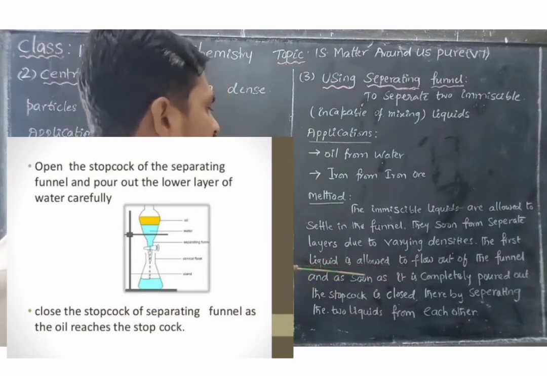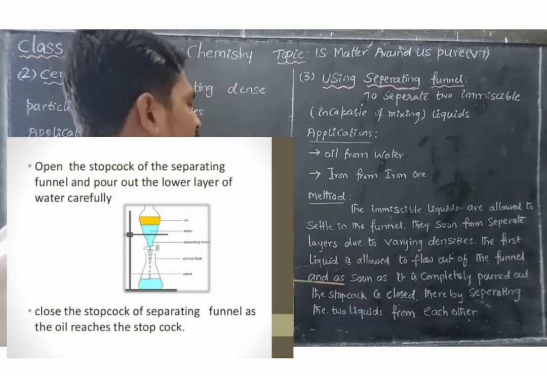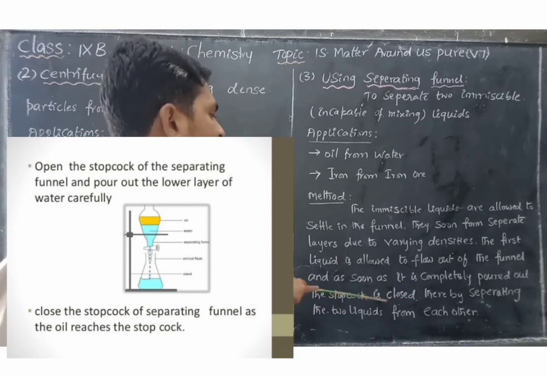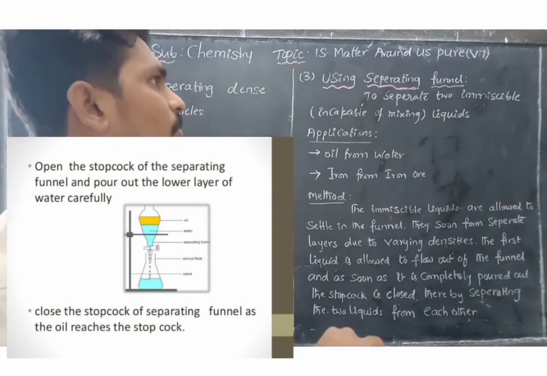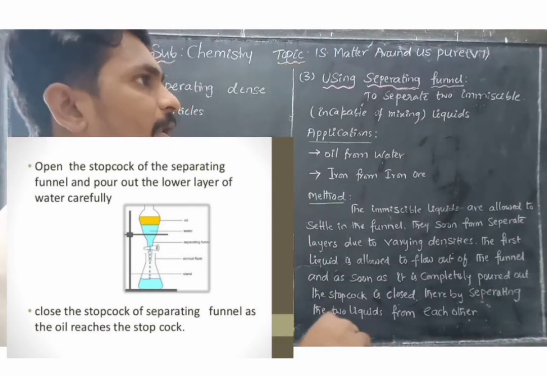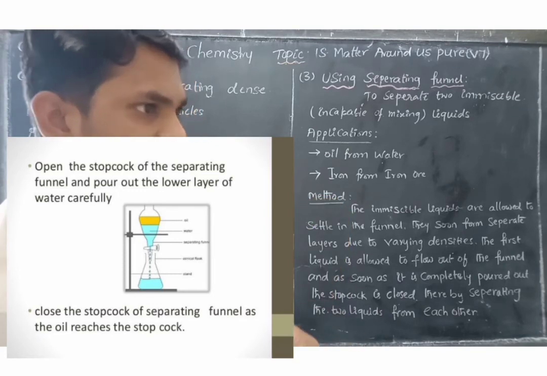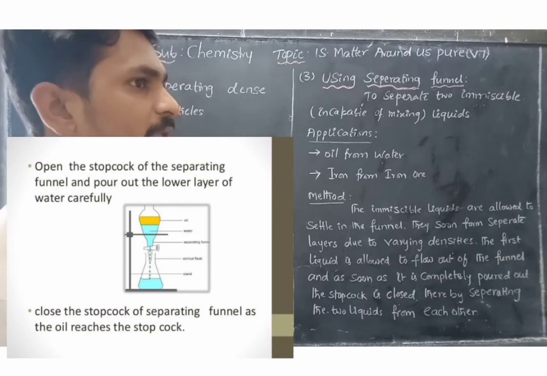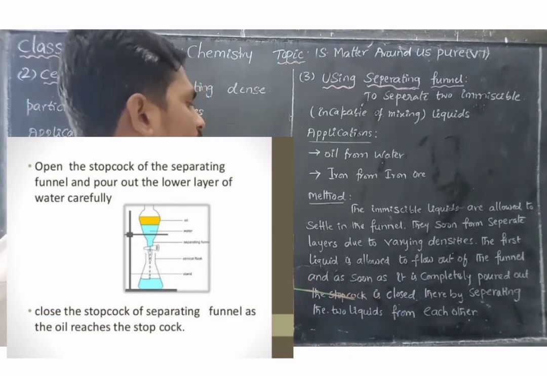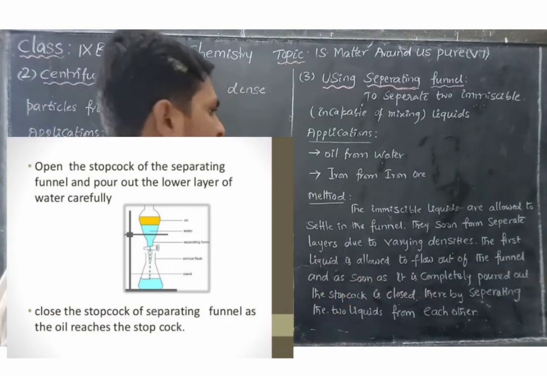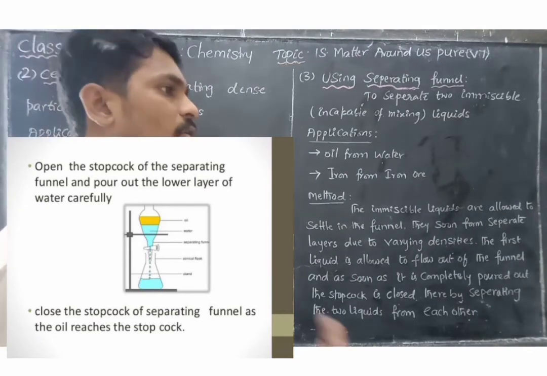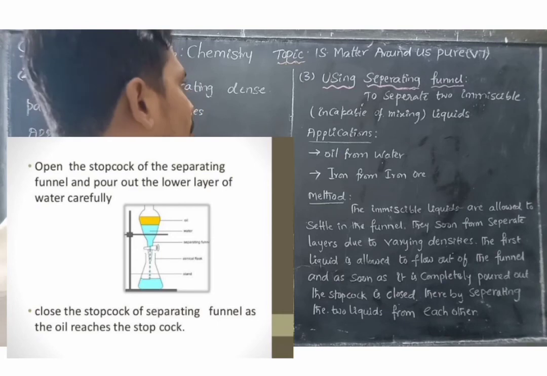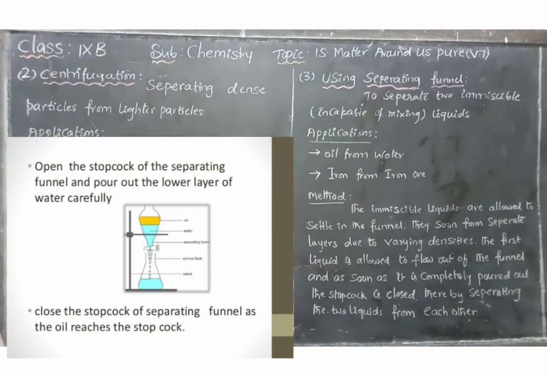Then the first liquid is allowed to flow out of the funnel, and as soon as it is completely poured out, the stopcock is closed. With the help of the stopcock, the first liquid completely pours out. Then if you close the stopcock, the next, lower-density liquid, the oil, is separated using the separating funnel.